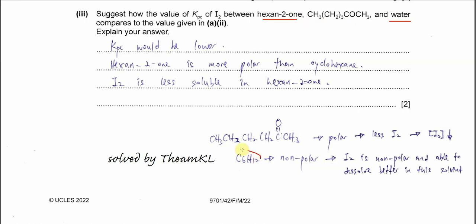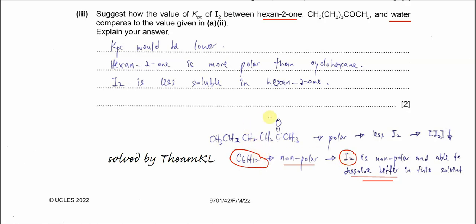Cyclohexane is a hydrocarbon, non-polar, and iodine is a non-polar compound. So iodine can dissolve well in cyclohexane because they have the same intermolecular forces, instantaneous dipole-induced dipole. Like dissolves like, so iodine can dissolve better in cyclohexane.